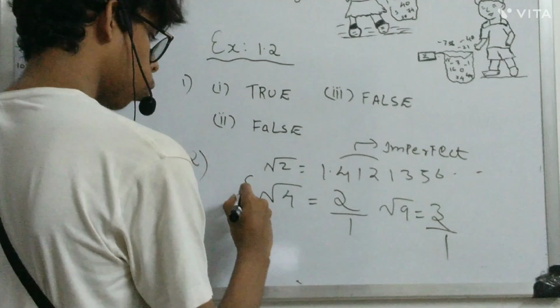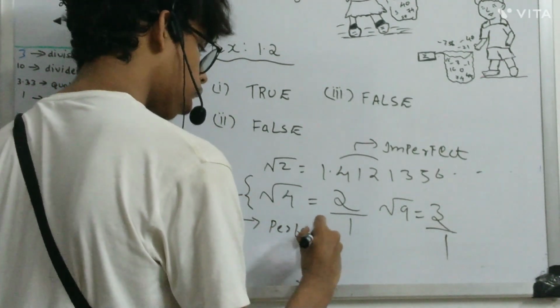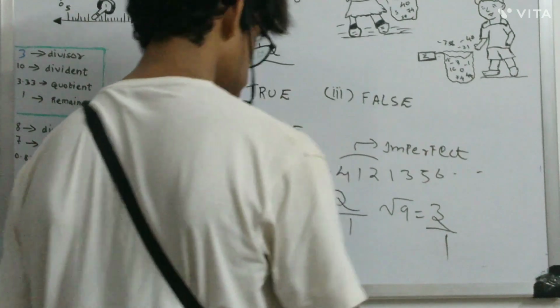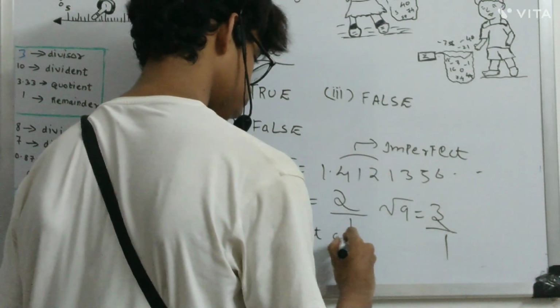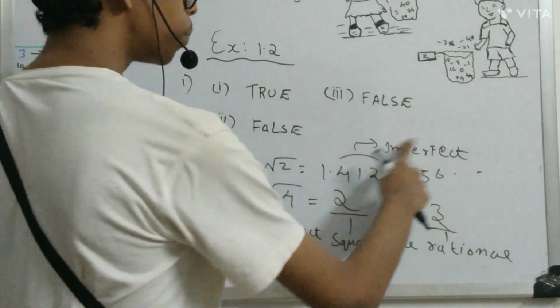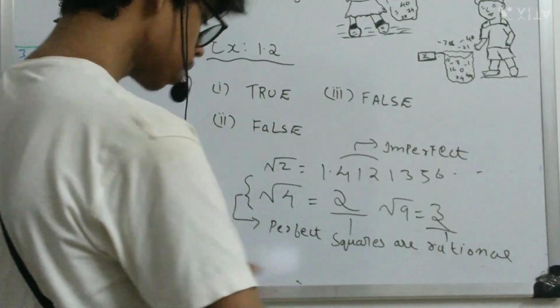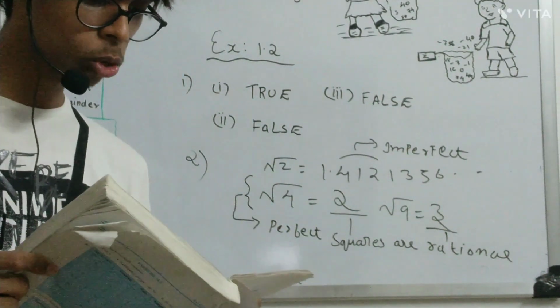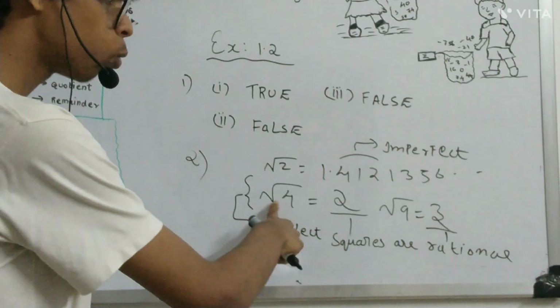You can also make a note of it: perfect squares' roots are not irrational numbers, they are rational numbers. All the imperfect square roots are irrational while all the perfect square roots are rational. So the answer to that question is no, and you can give the example of root 4.